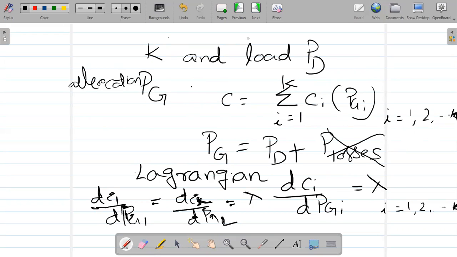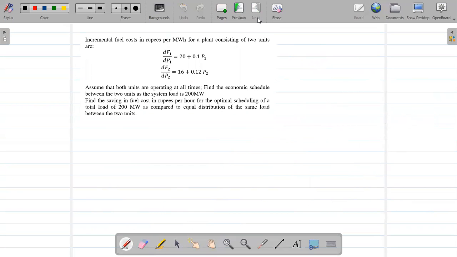When the incremental fuel cost of each plant is the same, then the economic scheduling can be obtained. Regarding this, we will discuss one numerical problem. In this problem, a two plant system is considered and the incremental fuel costs of the two plants are given.